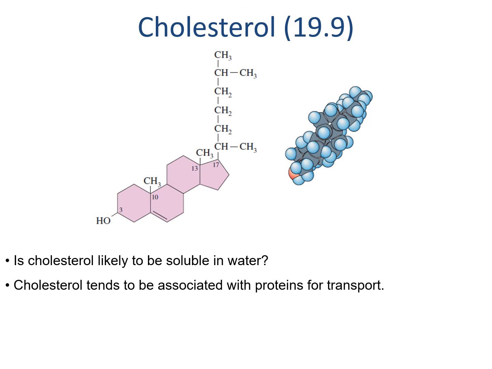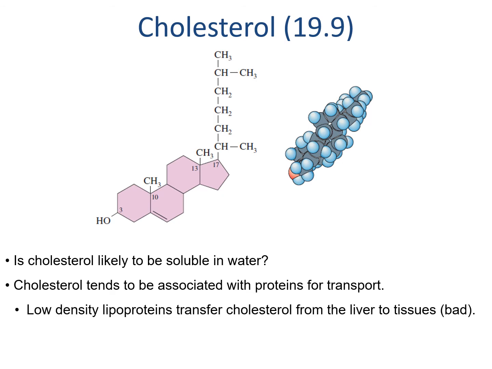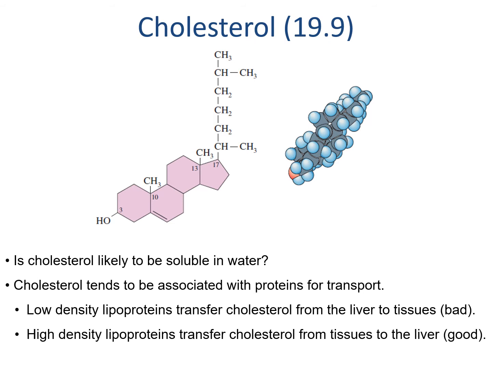There are two carriers that move cholesterol around in our bodies. The first is low-density lipoprotein, or LDL. LDL carries cholesterol out from the liver into tissues. This is the type that eventually allows it to accumulate in your bloodstream, the bad cholesterol. High-density lipoprotein, or HDL, carries cholesterol back from the tissues to the liver, which is generally a good thing.